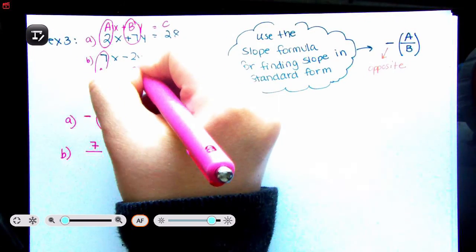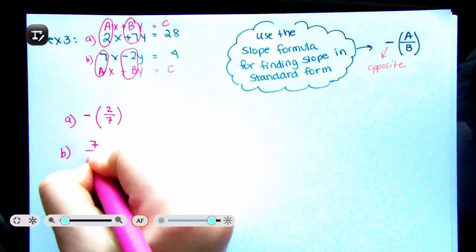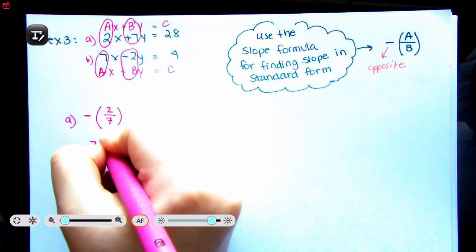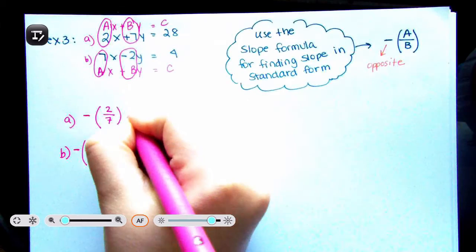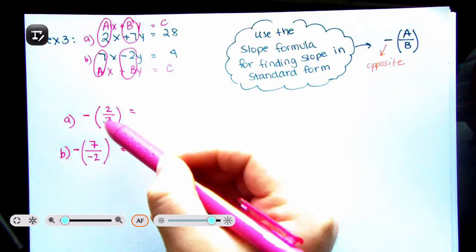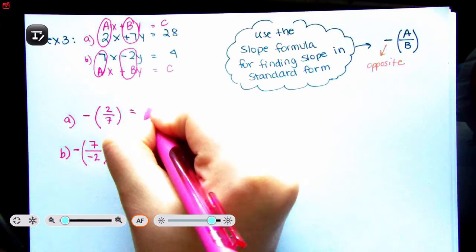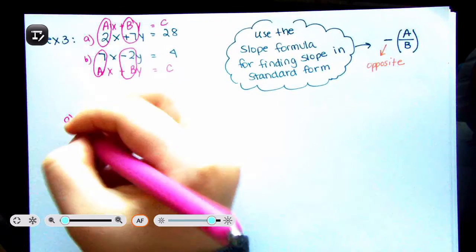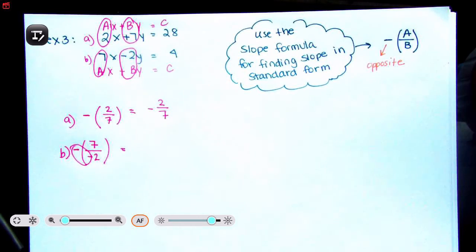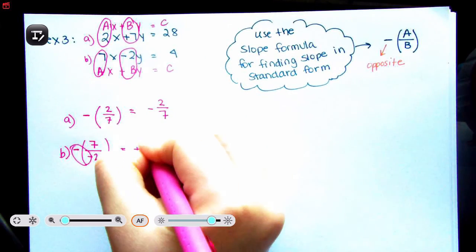My B value, again, take the sign, is negative 2. And again, what am I doing with it? I'm taking the opposite of it. Simplify your fractions if you can. This is negative 2 sevenths. 7 and 2, you can't simplify that, but I know I have 2 negatives. Negative times a negative is a positive, so I have a positive 7 halves.